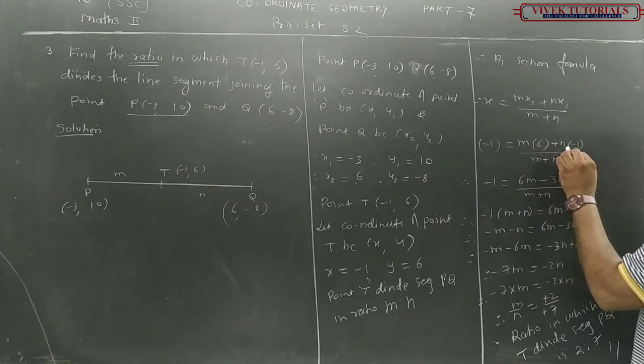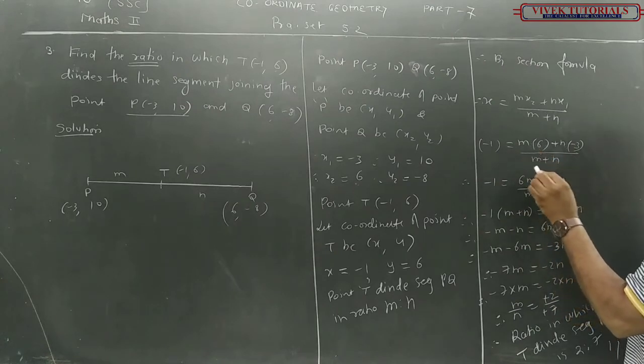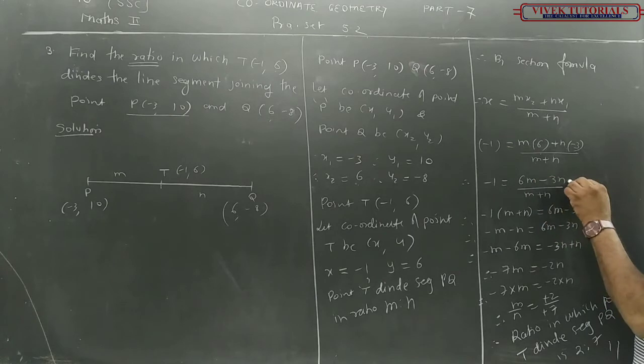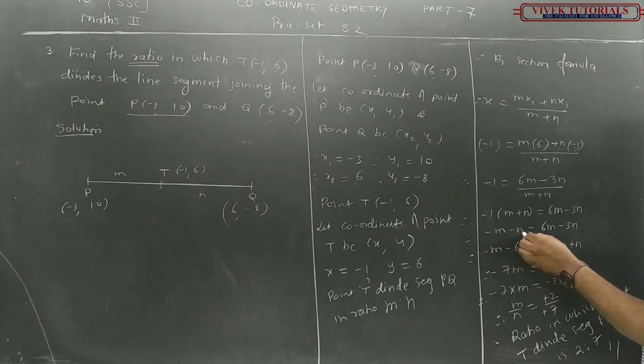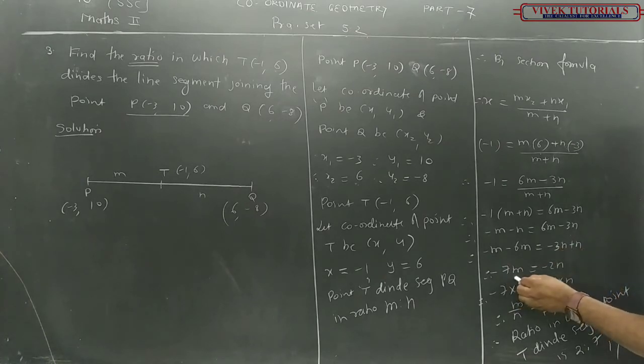Substituting, (6m - 3n) upon (m + n) is equal to -1. Now if I transfer, I am getting -m - n, so 6m - 3n... minus 7n is equal to minus 2n, and what answer did we get?